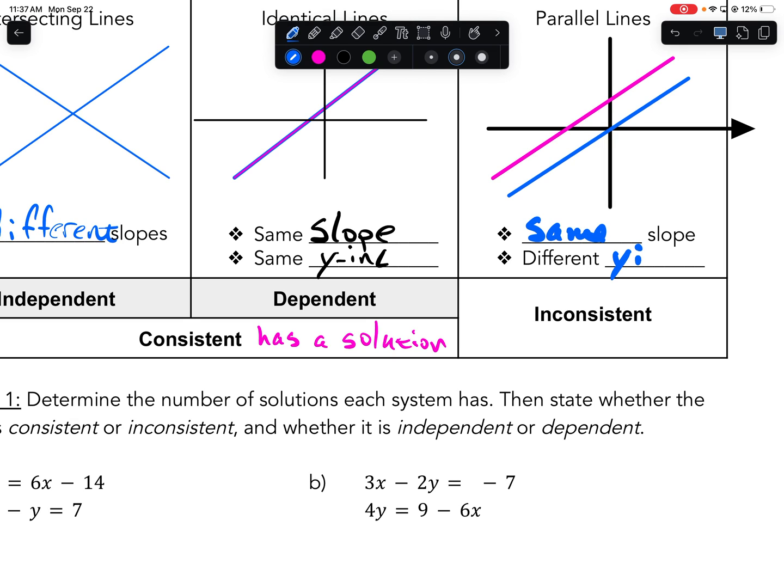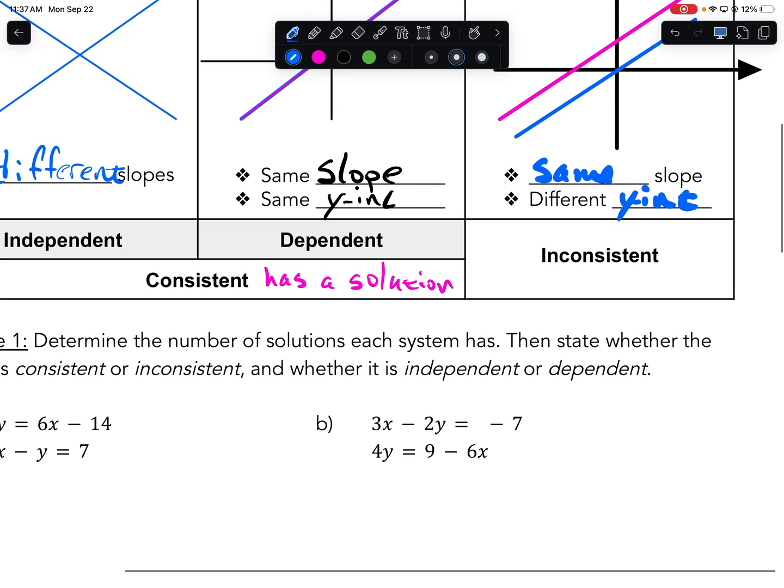Y-intercept. So inconsistent is like no solution. I always relate it to people because it helps me remember. Inconsistent person, right? Doesn't make sense. It doesn't make sense because it has no solution. So if that works in your brain, you can think of it that way. If you can't, come up with a different way to think about it.